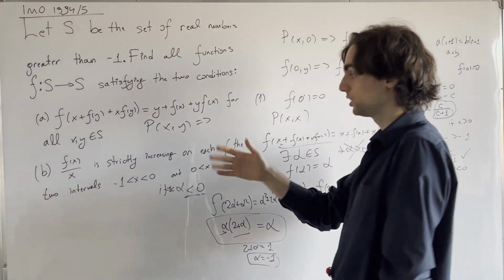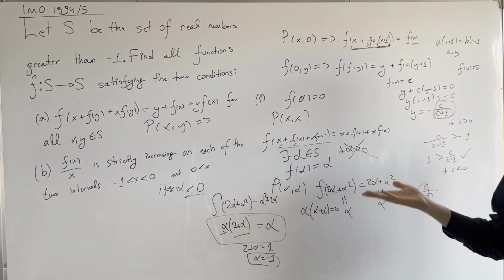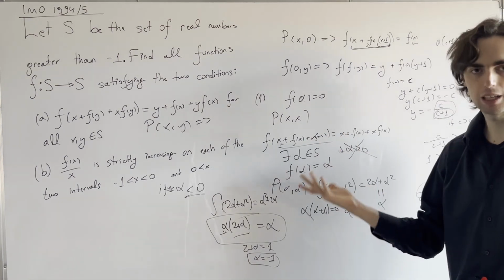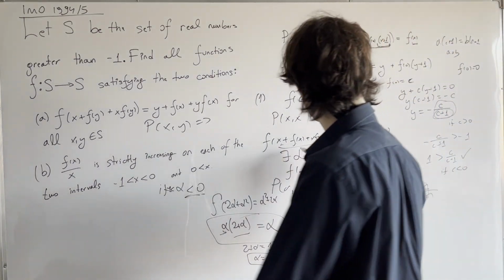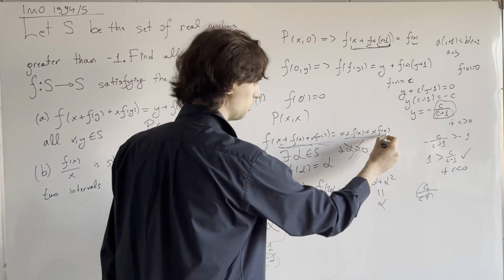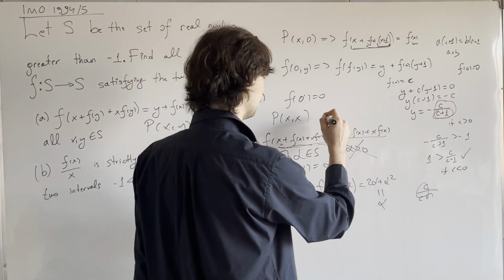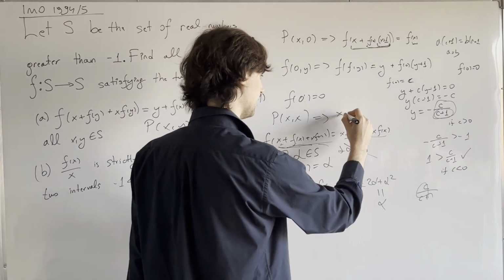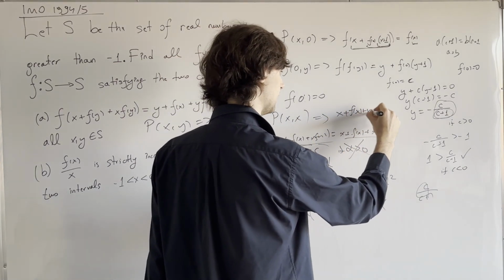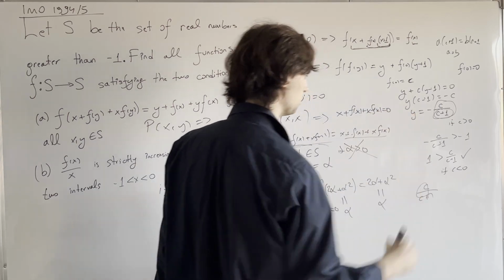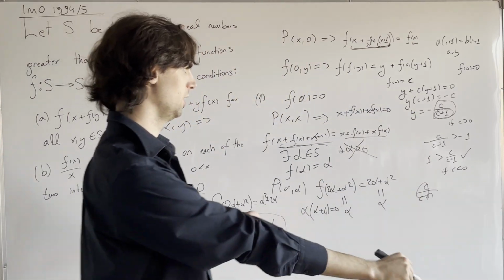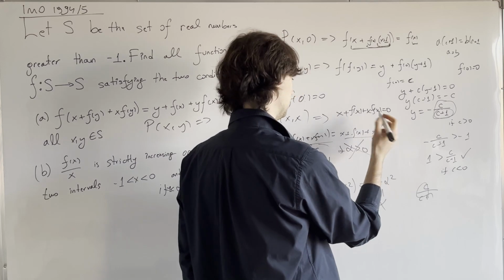And by looking at places where it is, I think we're near finishing the problem. Actually, we have in fact finished the problem, because now we have f of a is equal to a, and that implies a is equal to 0, which gives us that x plus f of x plus x f of x is equal to 0. And now we need to do some math.